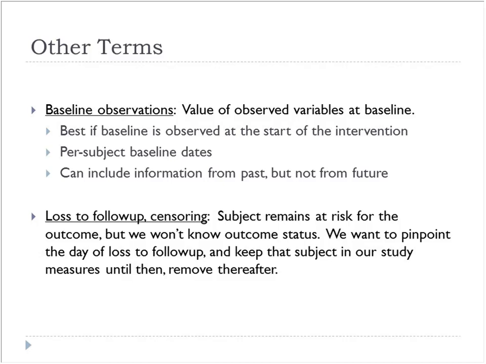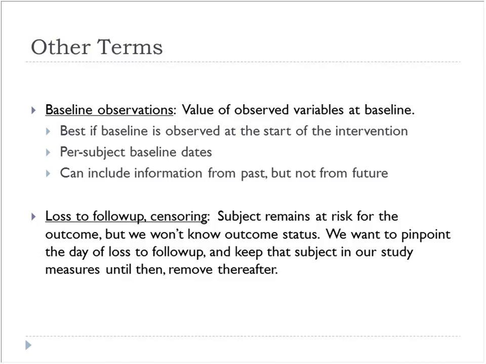This causes a very important, very difficult to handle problem, and we term it censoring. When we lose subjects in the study, we need to know precisely when we lost them. The reason this is important is that we need to know exactly how much time we had in tracking that subject from their baseline.